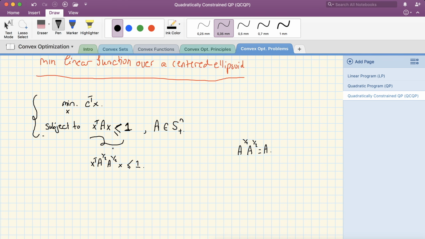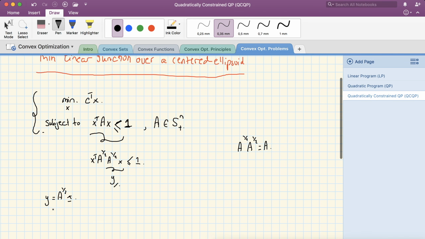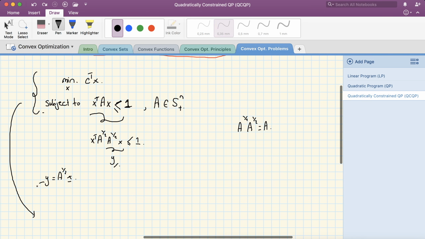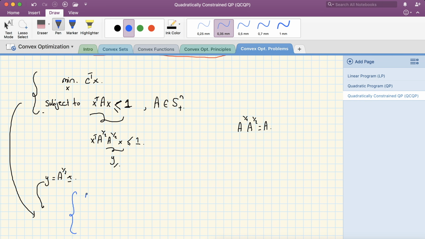So if we note the following of the constraint, we could take a change of variable as such. So we can pick this part to be a vector y, right? So this means we're doing a change of variable. So y is A half x, right? This means that my new problem is the following. So with this change of variable, we get the following new problem. So we're minimizing now over y, not x.